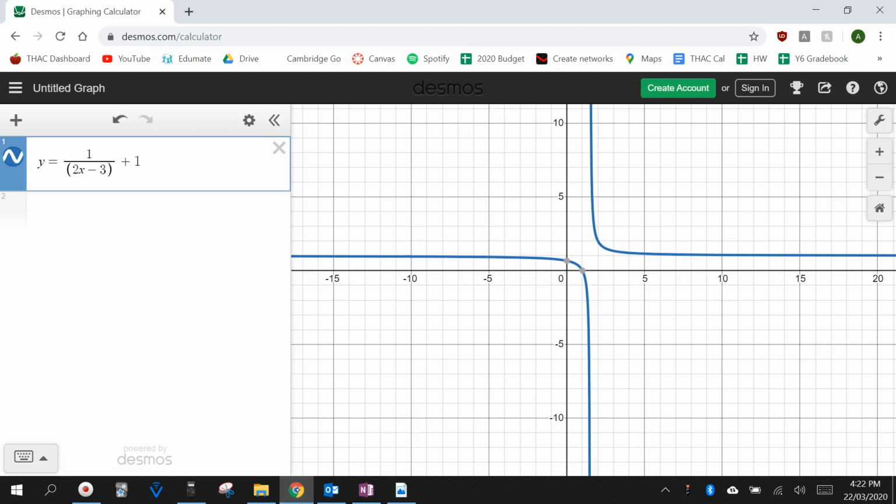So for the left bit, the domain is from negative infinity all the way up to, but not including 3/2. And the right one goes all the way to infinity from 3/2, but it doesn't include 3/2. Because it doesn't include it, we need to make sure that we use curved brackets.